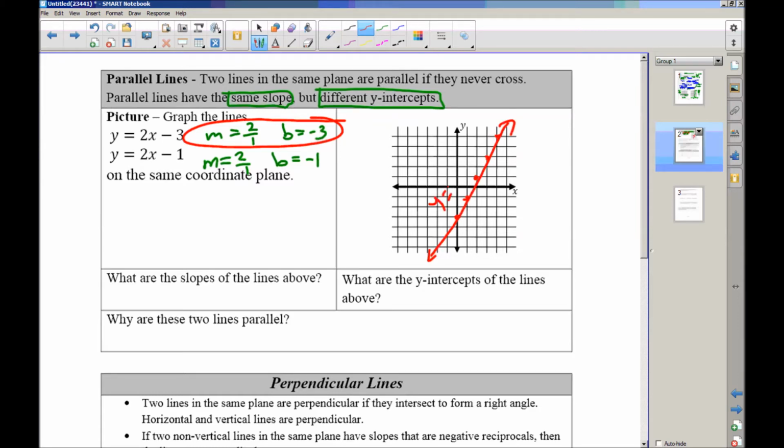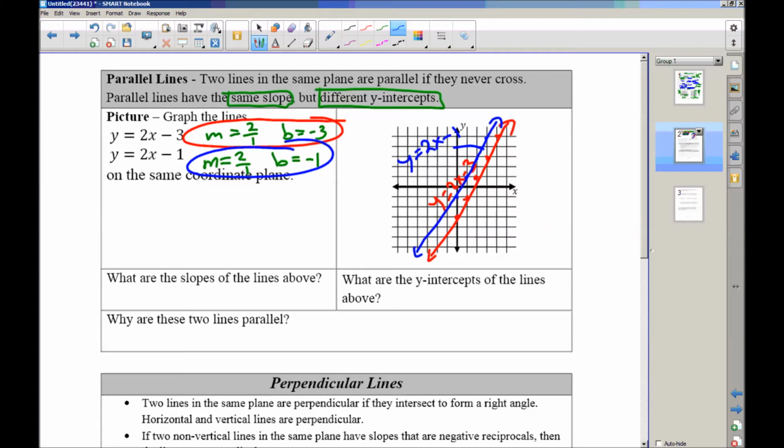This is y equals 2x minus 3. And the bottom one I'm going to graph in blue. So we have a starting value at -1, and we go up 2 and over 1. And this one is y equals 2x minus 1. And you can see that these are parallel. They have the same steepness, but they start in different places, so they never cross.